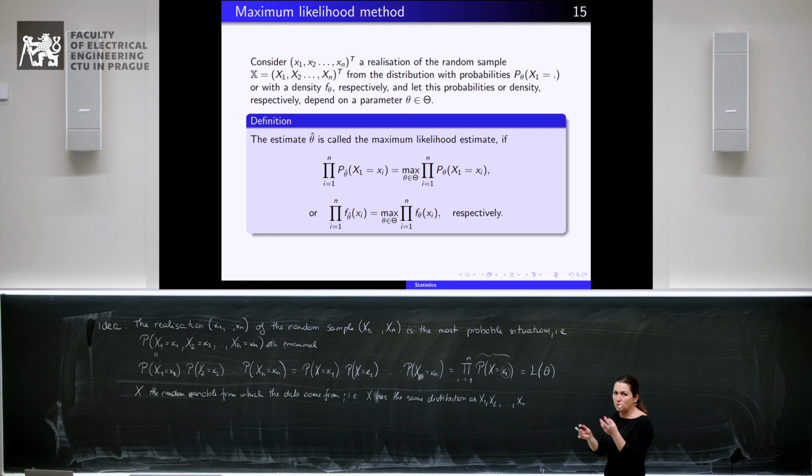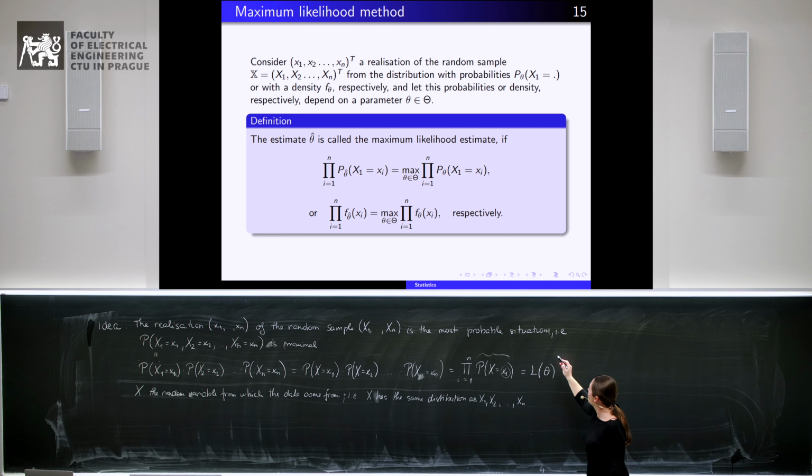I will denote it theta. It is a classical notation for the parameter in general. And of course, theta can be more dimensional. So theta can be the vector of 2 or 3 or more parameters. So in general, theta is the notation for 1 or more parameters.